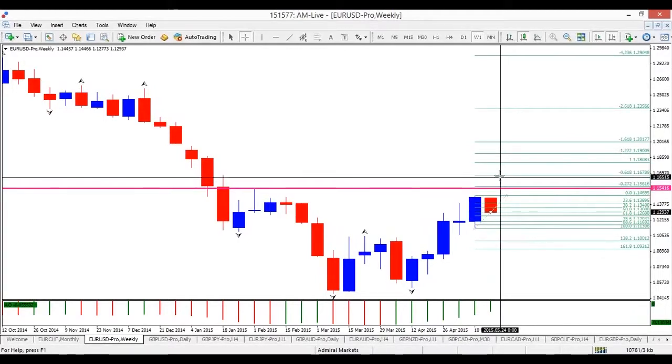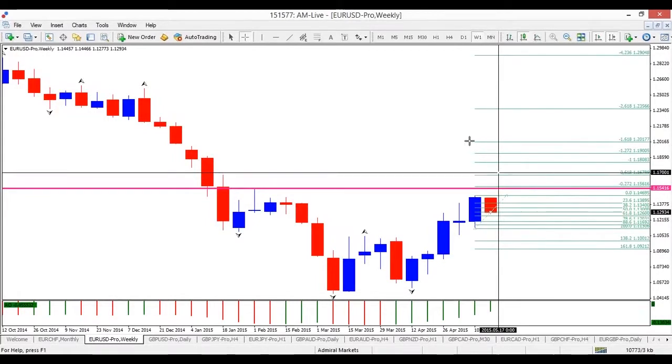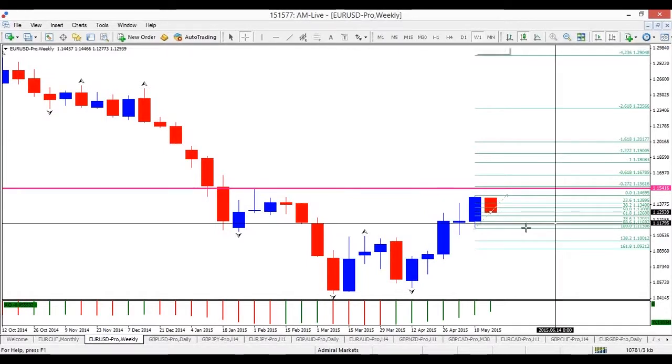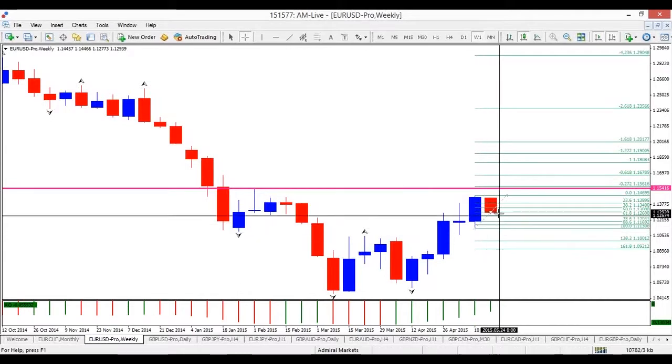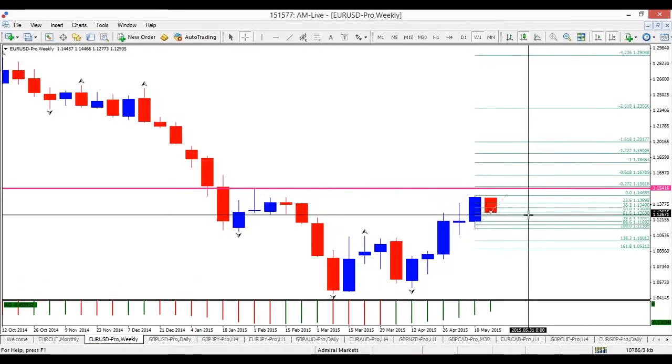Now that's certainly not a setup that everyone would enjoy, because it's a pretty long-term setup and a pretty big stop loss. So we can zoom into lower time frames to see if there's a different configuration that could be easier to trade for many. But this, from a weekly candle perspective, I think makes sense and has a good perspective.